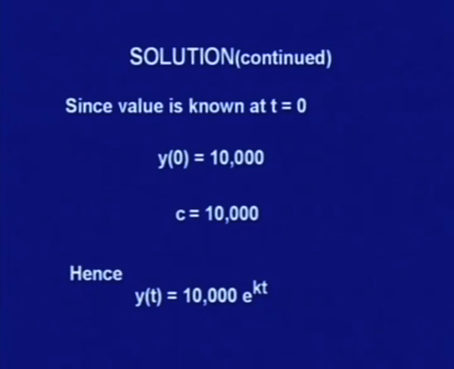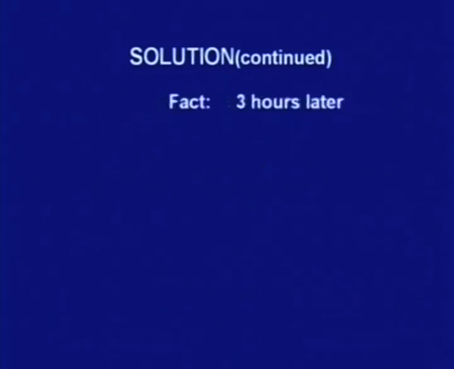For that, we have to look at our experiment a little more. We are given that after 3 hours, the number of cells observed is 5 lakh. Now, translate this into the mathematical formulation. At t equal to 3, my function would be 10,000 times e to the power 3k.